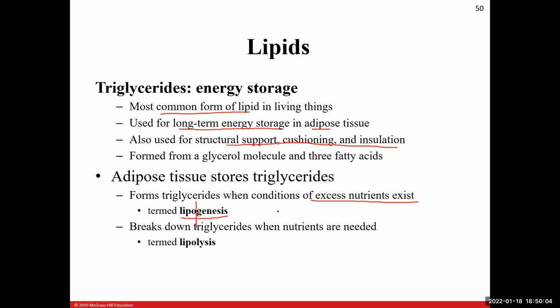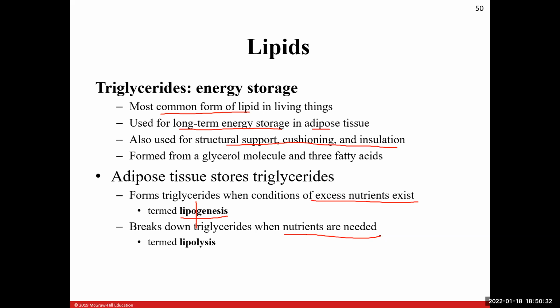Now, say you haven't eaten in days, and your body's like, look, you're not putting food in your mouth and in the stomach. I got to get some energy from somewhere. So it is going to then go back to that adipose tissue where those triglycerides are stored, and it is going to release those triglycerides from the fat tissue and put it back into circulation.